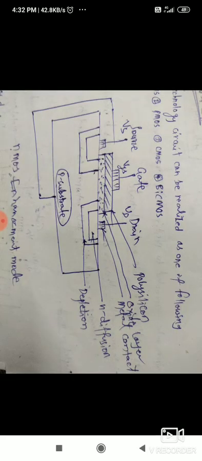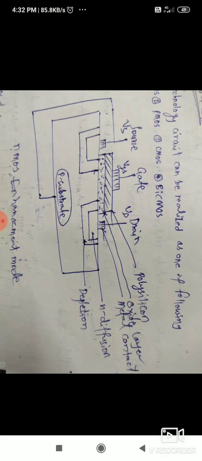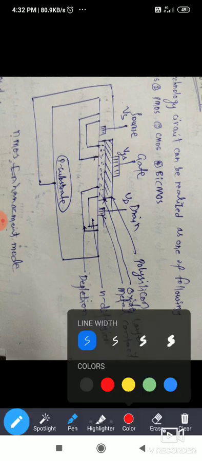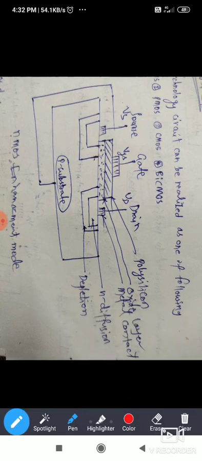Here, if you see, this is the structure. This is the P-type substrate, or you can call it the bulk substrate.